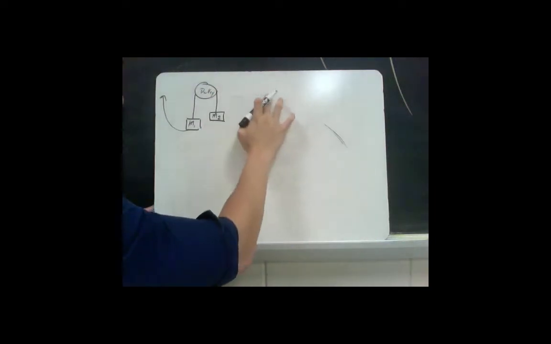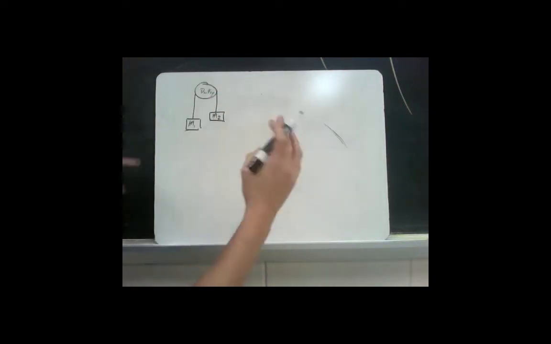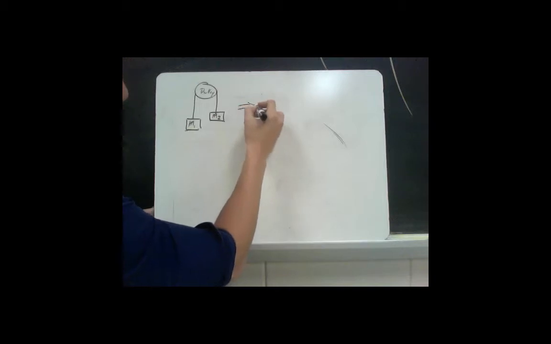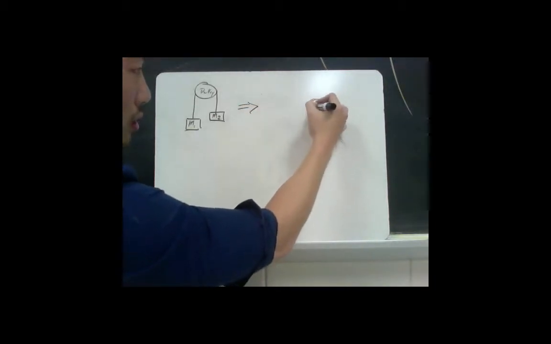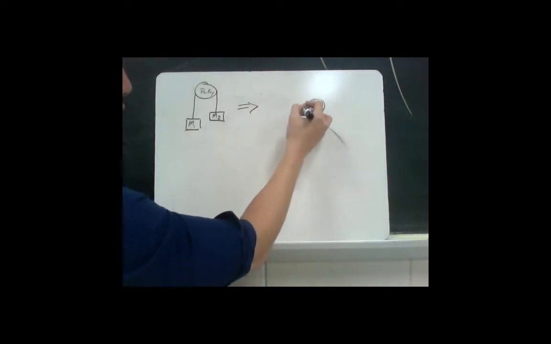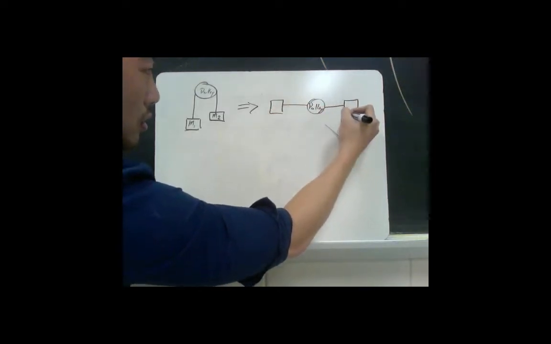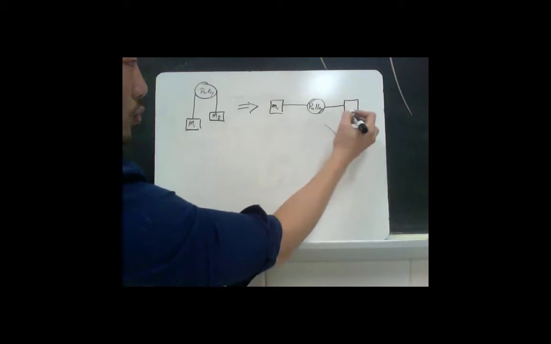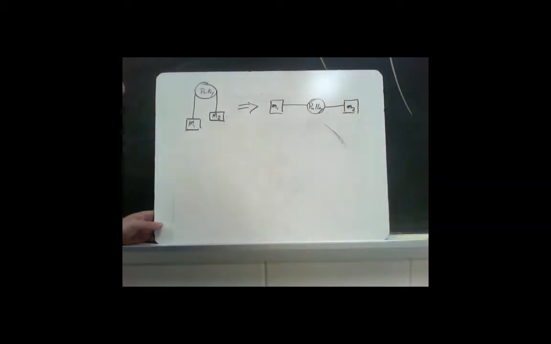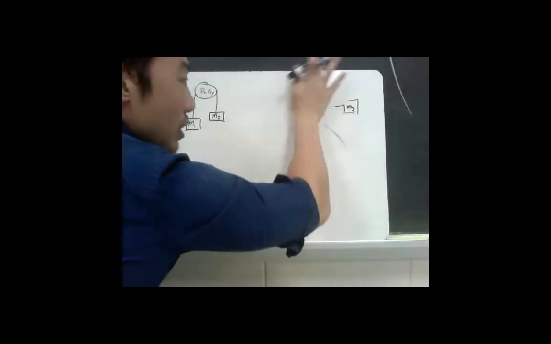For example, if I were to quote-unquote swing everything, the new system would look like this. Okay, and this will be mass 1, and this will be mass 2. Now, the reason why we do this is because when we're creating our net force equation, the math becomes a lot easier.